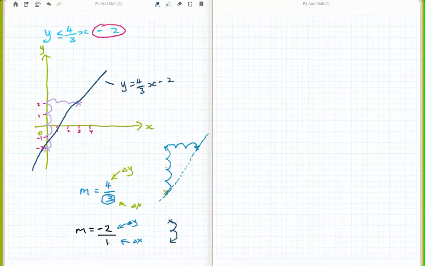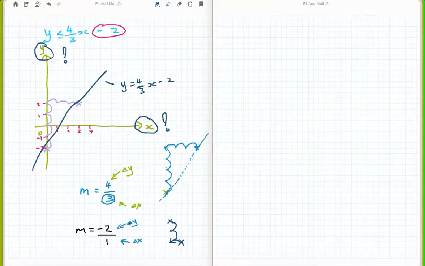Then 1 unit to the right, because a positive number is to the right. That's why it is important to tell where is positive and where is negative. This is positive x, whereas going up is my positive y. So next time you are asked to sketch a graph, be sure you label these two so that you tell yourself where is positive and where is negative.